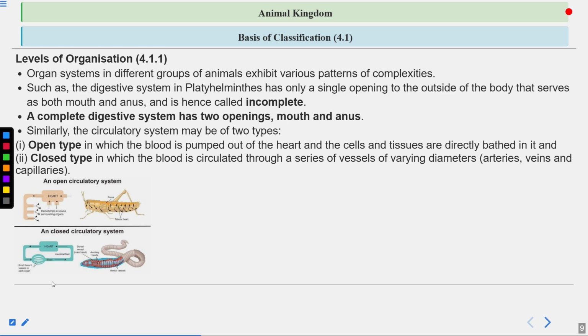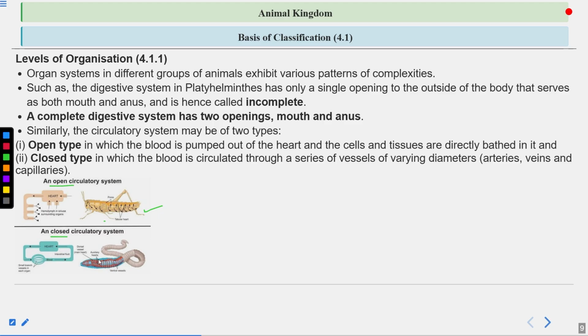Here you can see the open circulatory system that we see in arthropods. A grasshopper or locust is shown here. From the heart, the blood is pumped directly to all over the tissues, right? So it is an open type of circulatory system. Now here you can see the closed circulatory system that we see in Pheretima posthuma, the earthworm.